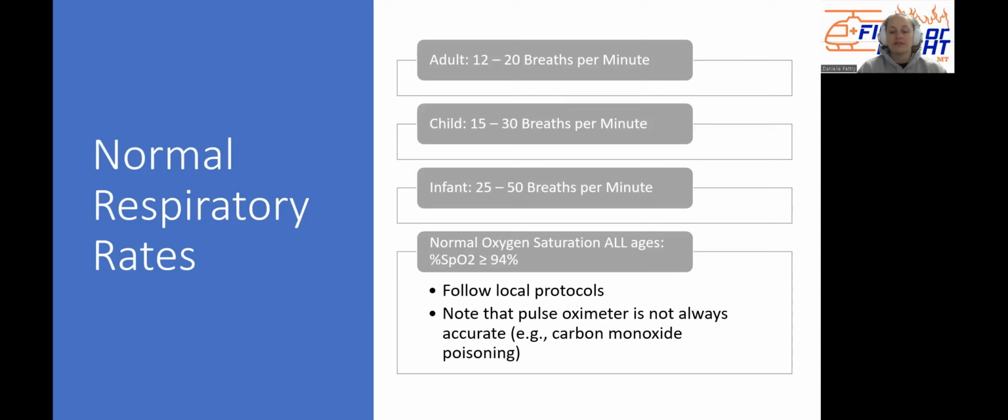And the problem is that when someone has carbon monoxide poisoning, that carbon monoxide loads onto those red blood cells the same way that oxygen typically loads onto those red blood cells. So that pulse oximeter is going to come back and say, hey, 99% loaded, we're good. But in fact, those red blood cells are loaded with carbon monoxide instead of oxygen. So that person is not getting enough oxygen, even though their SpO2 might be looking really good.